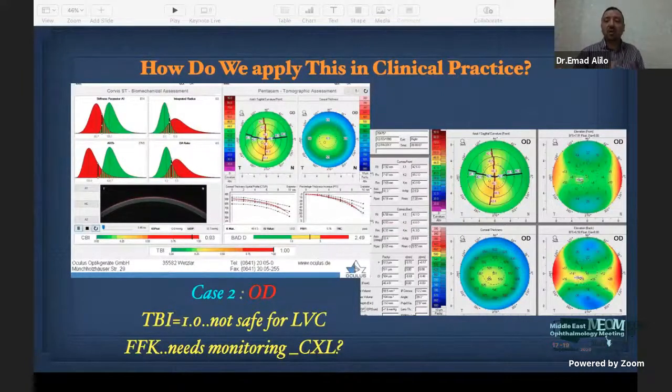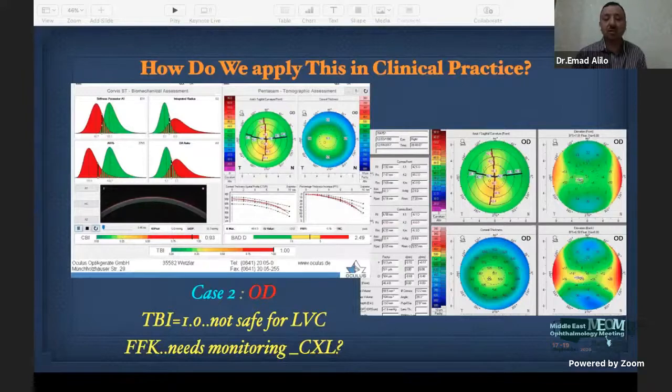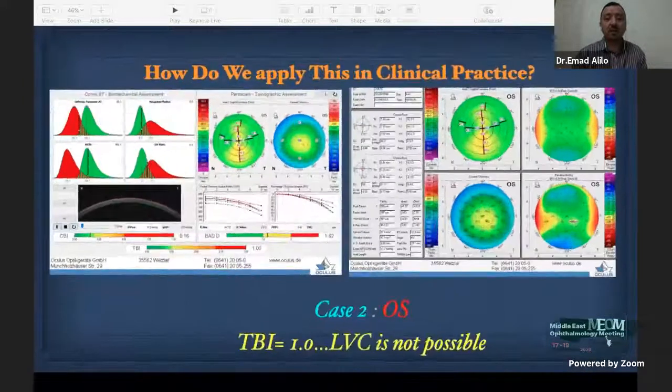So now our way of thinking has changed from doing laser vision correction to considering it a form of forme fruste keratoconus. The new concept is not forme fruste keratoconus; it is a cornea susceptible to ectasia. So this needs to be monitored, and we might consider cross-linking in case of improvement or deterioration of this cornea. Even the other eye is the same.